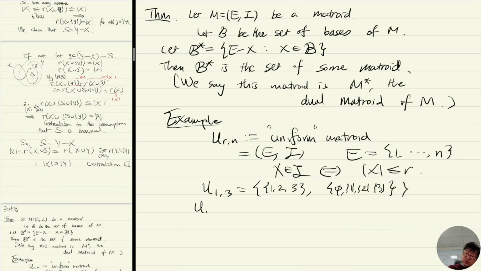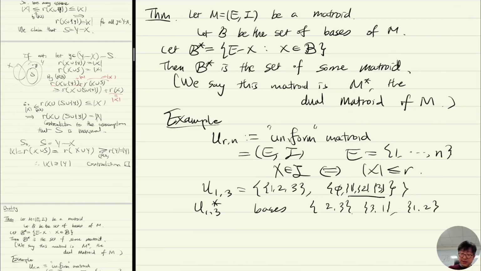Now, what is the dual? These are the bases. The basis of the dual matroid is the complement of a base. So here the bases of the dual will be the complements: {2,3}, {3,1}, and {1,2}.